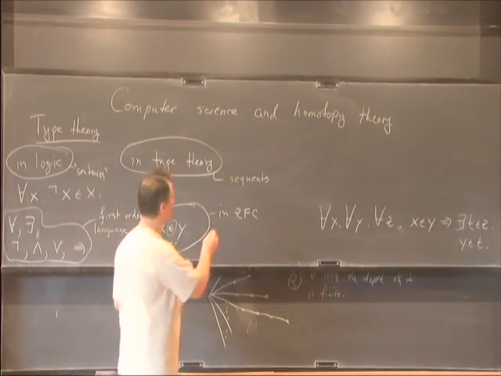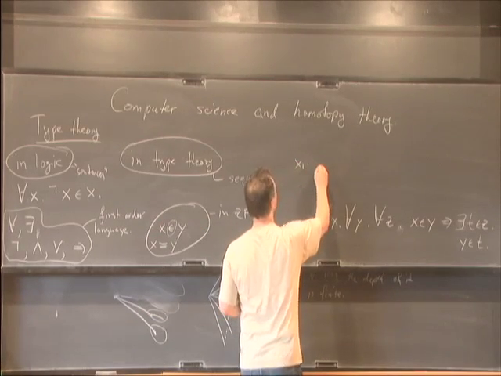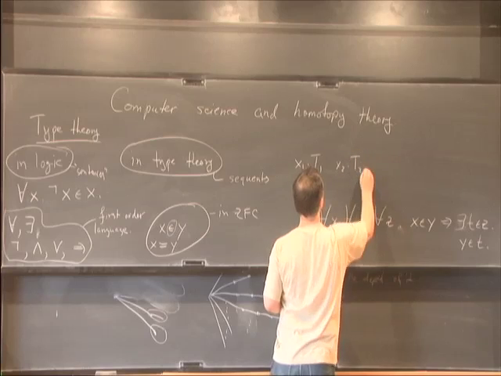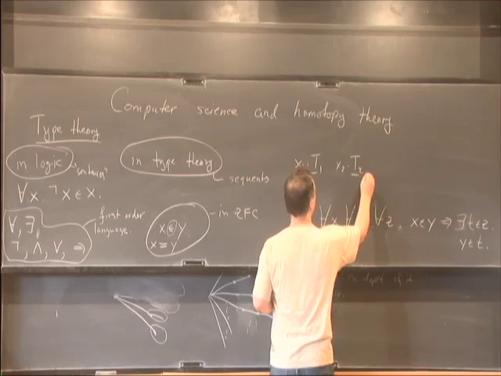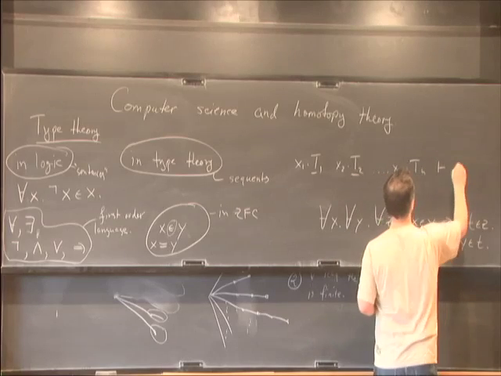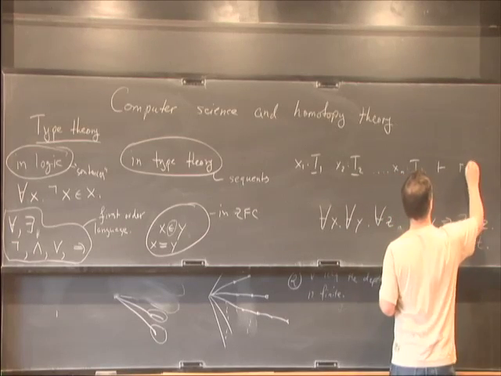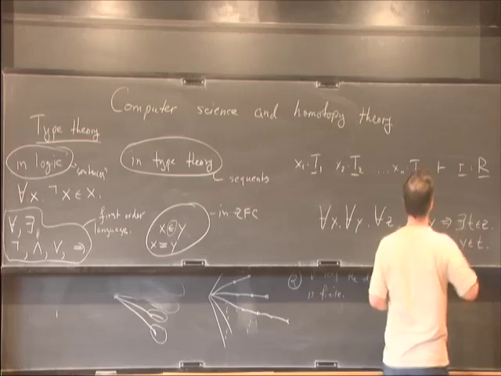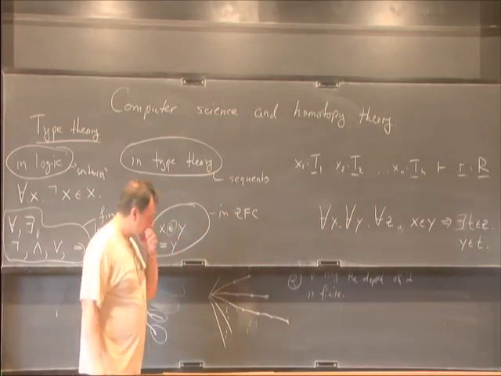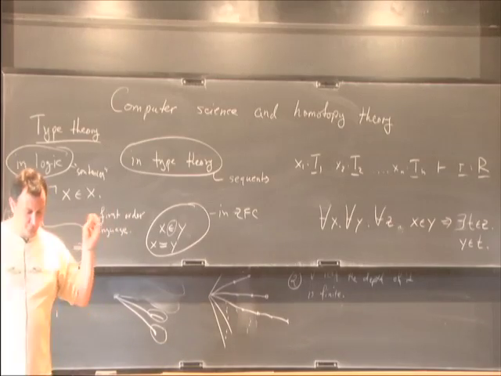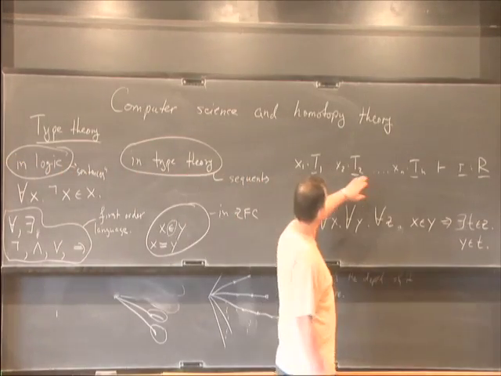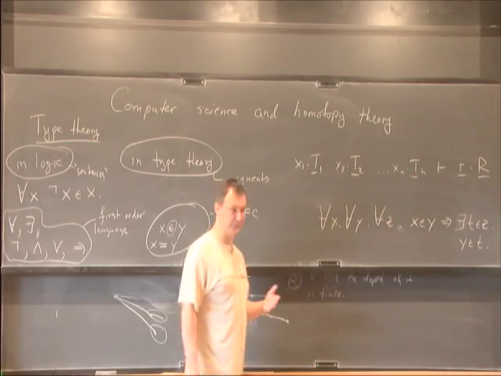They're typically written as follows: x1 : t1, x2 : t2, ..., xn : tn ⊢ r. Now I'm underlining letters which denote expressions, as opposed to letters x1, x2, and so on, which denote single variables.